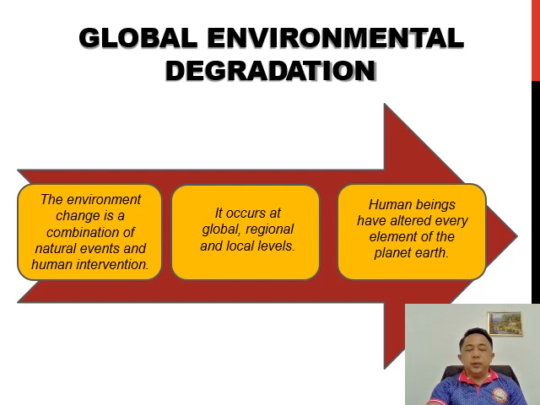Now, with regards to global environmental degradation, this is the destruction of our environment. The environmental change is a combination of natural events and human intervention. When we say a combination of natural events, there are natural events that occur in the environment which also contribute to the production of greenhouse gases.